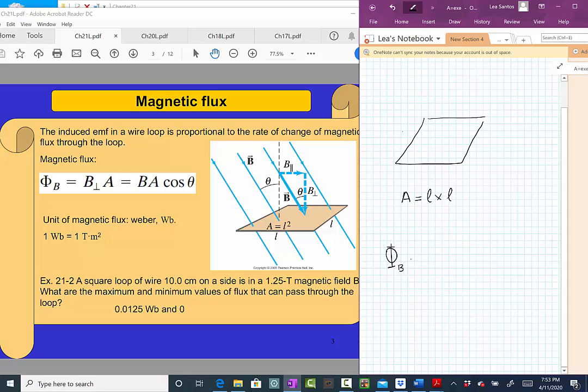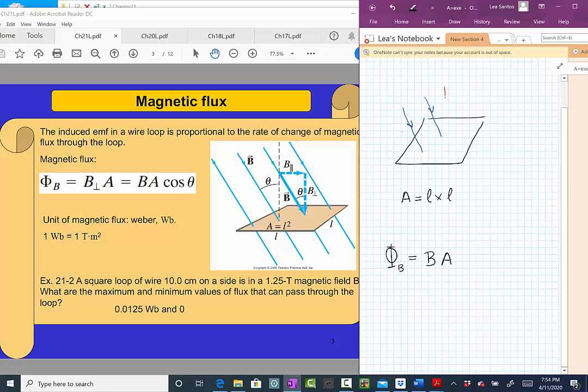Let me write here: this magnetic flux depends on the magnetic field that is cutting this area inside the loop. So let me put it here, our magnetic field. It depends on the area of this loop, and on one more thing, which is the cosine of the angle between the direction of the magnetic field and the direction that is perpendicular to the area.